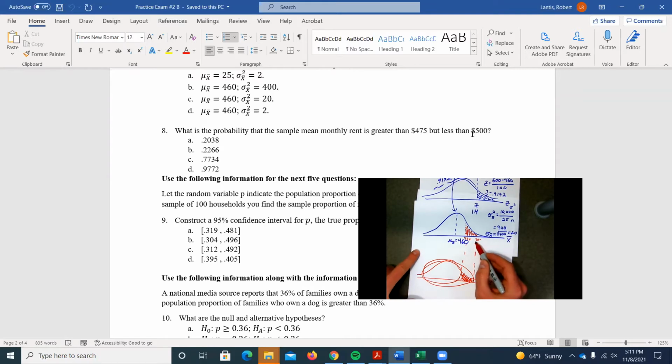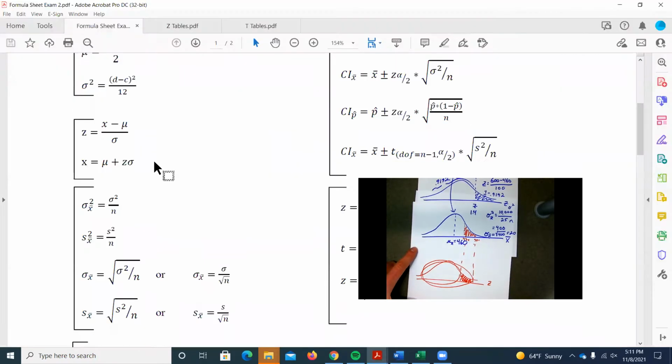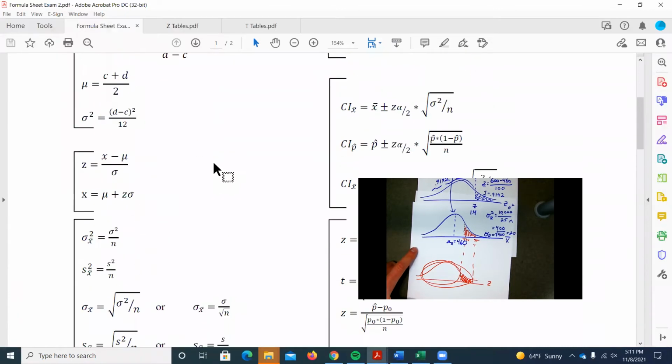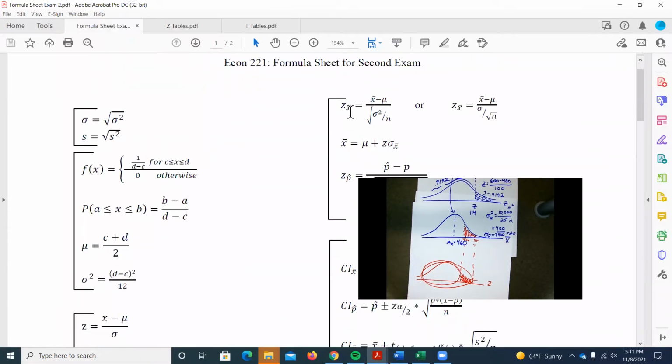Now, to convert those values of 475 and 500 into a z-value, I go down here. Nope, not down here. Must be at the very top. And I'm reminded, when I want to turn sample means into z-values, this is the equation I use. The reason why is because it's really the same process as what we were doing before.